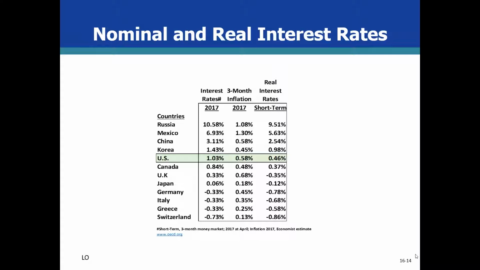Thus, the real rate of interest in the short term is only 0.46%. In Russia, at the top of the table, the real rate is 9.5%, a little bit different than the United States. As I mentioned, the current data table on real interest rates is located in the module.